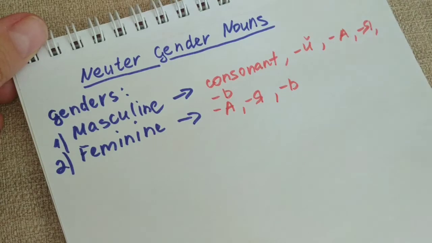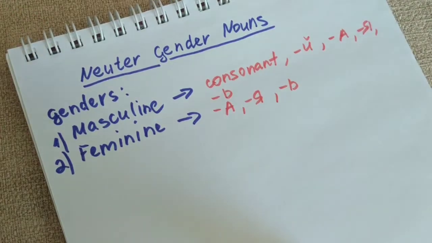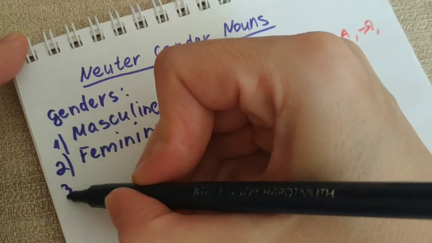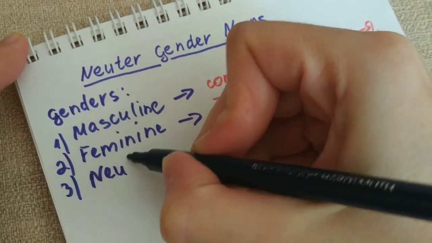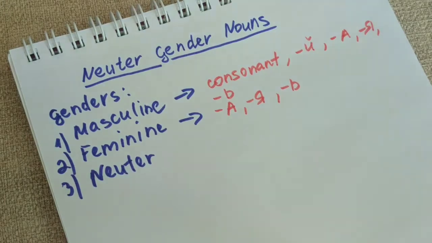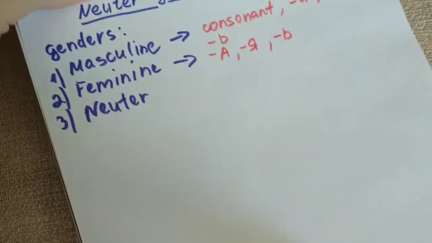Those are the exceptions which you have to learn by heart, using the dictionary. And the last gender is the neuter gender, and today we're going to talk about the neuter gender more.